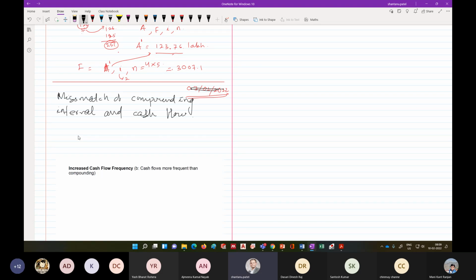So first is cash flow less frequent. What does this mean is, let's say we own one mine, and for our case we are compounding every 3 months, but we are getting the money every, let's say, 5 months or something.